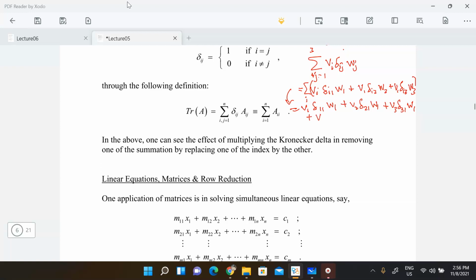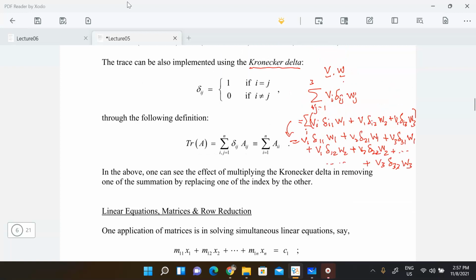So V1 delta 1, 2 W2 plus V2 delta 2, 2 W2, and so on and so forth, until V3 delta 3 W3.